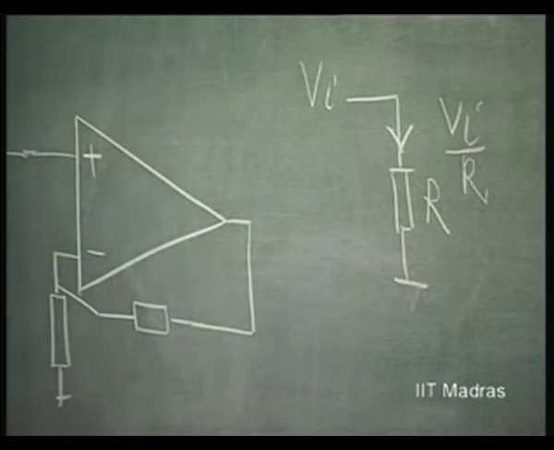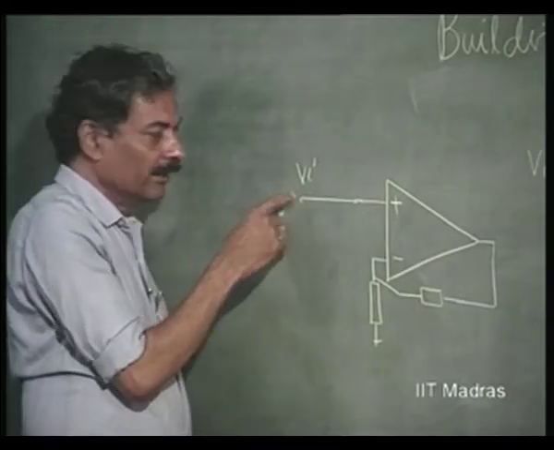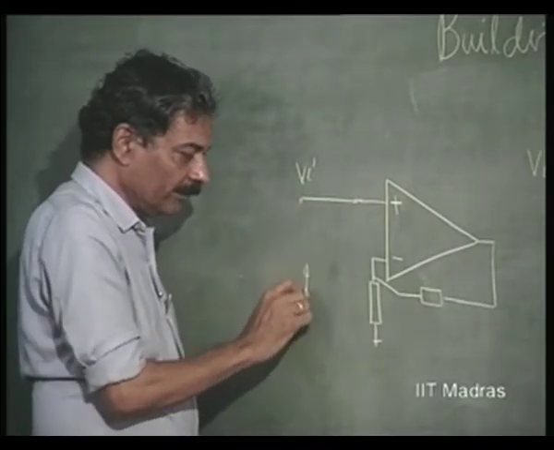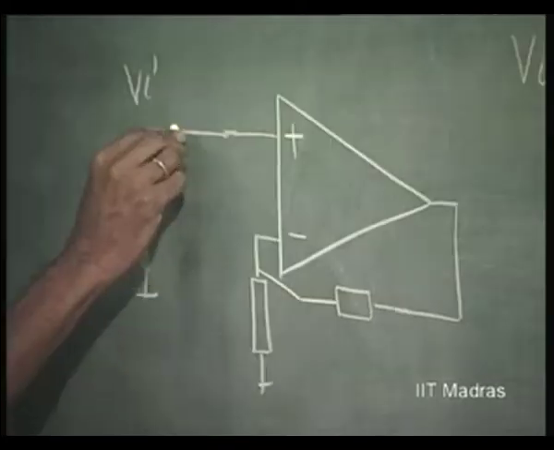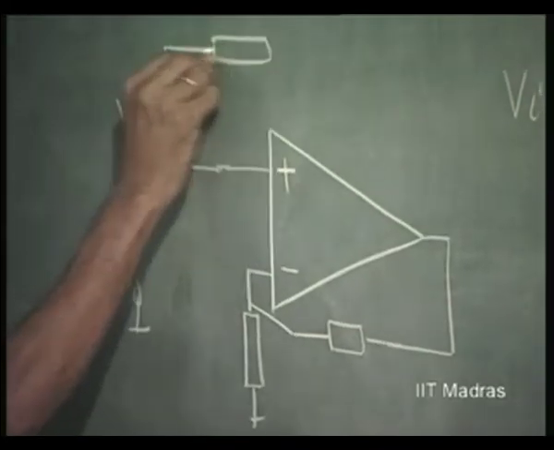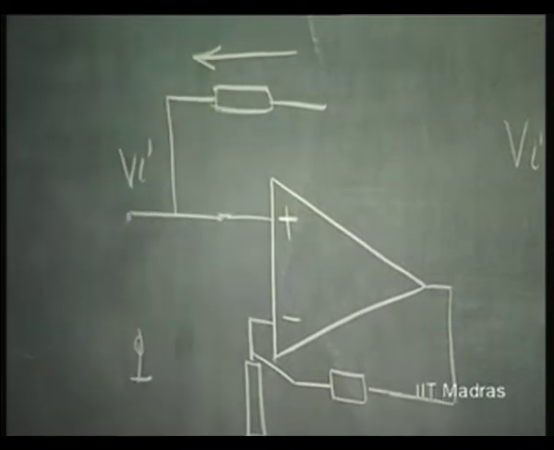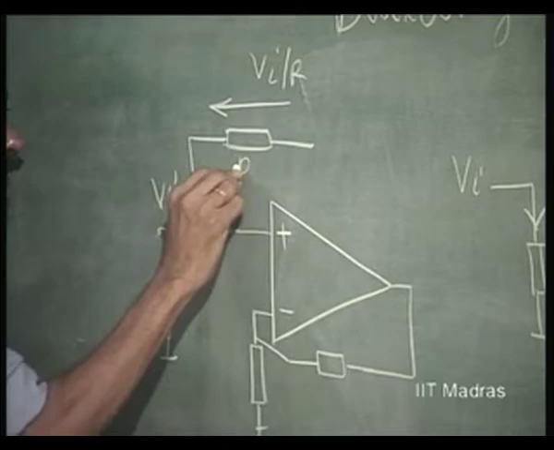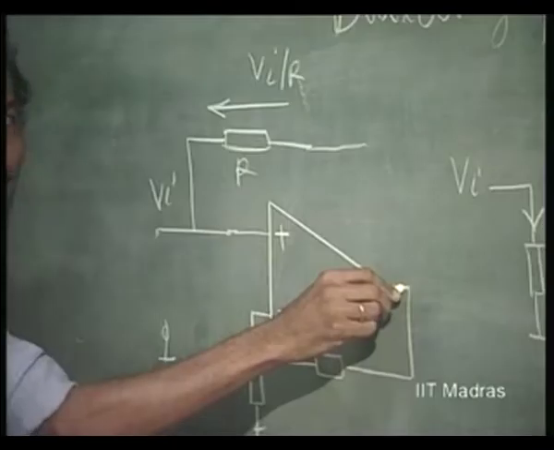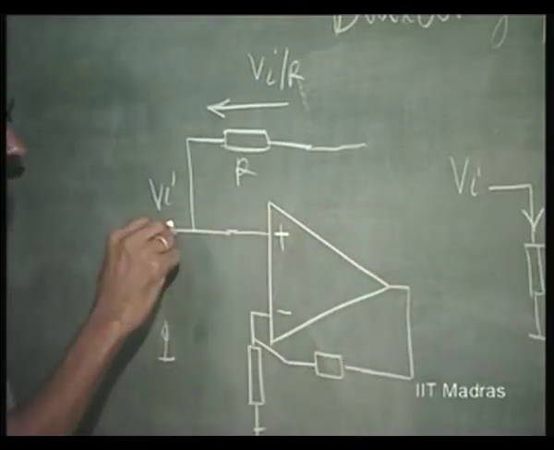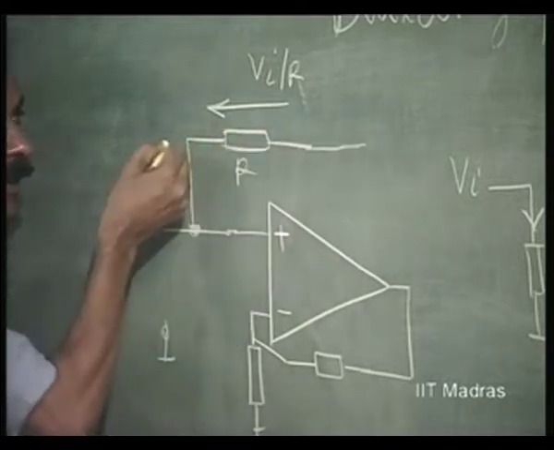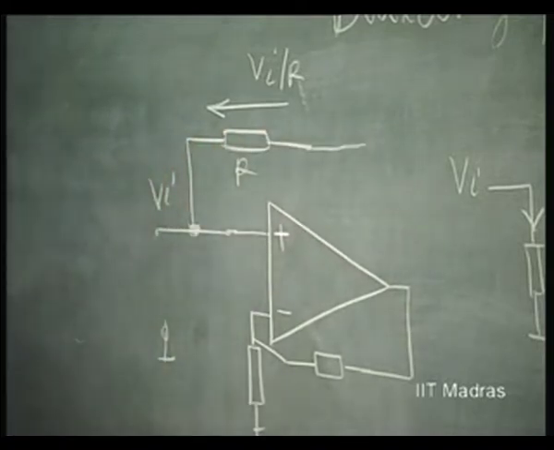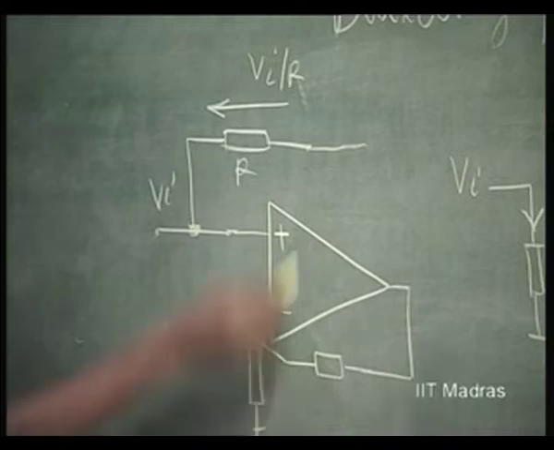That is very simple. If this is VI, and this is to see a negative resistance, and I put R, it has to see a current in this direction, of magnitude VI by R. Obviously the potential across R should be VI, but in the opposite direction.